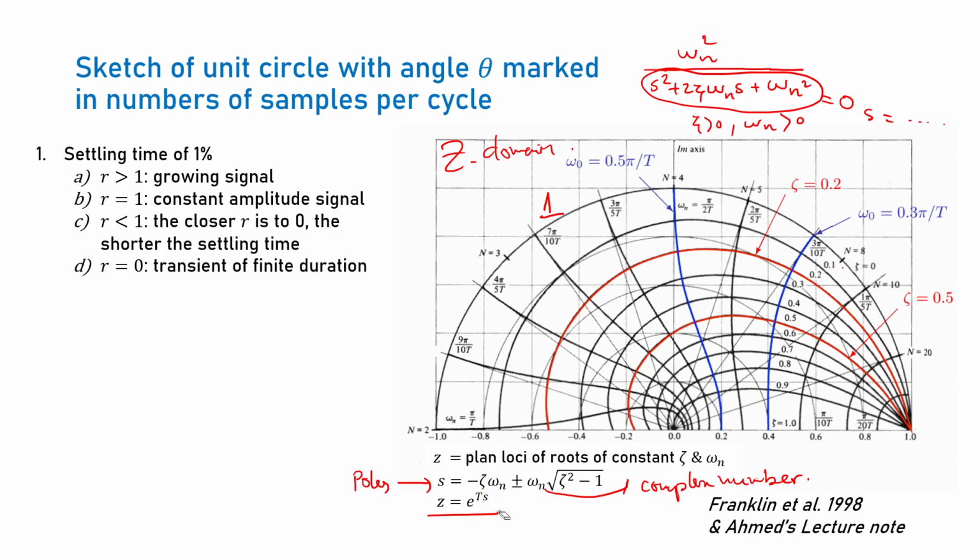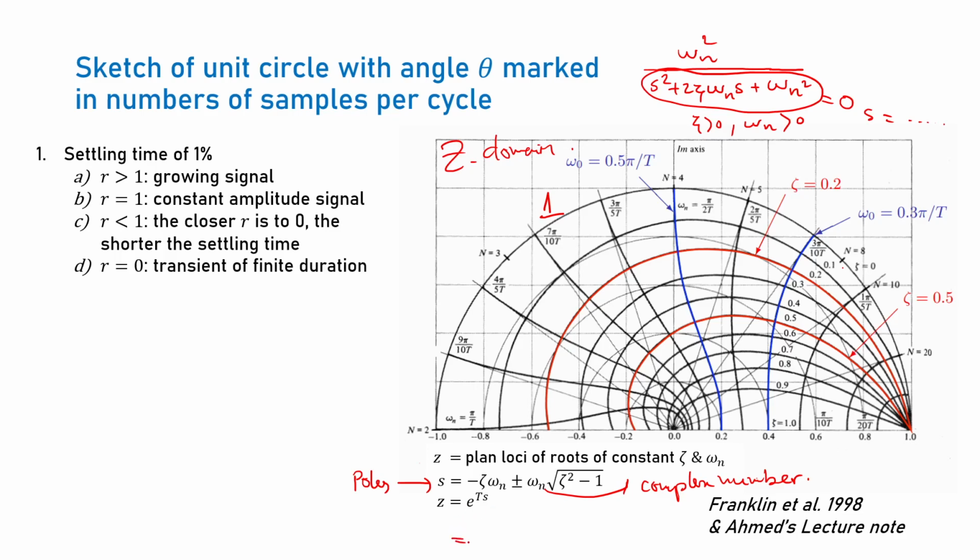What can you get from here? It's still a complex number, right? So this is a complex number, and this complex number has an amplitude. What is the amplitude of this complex number?